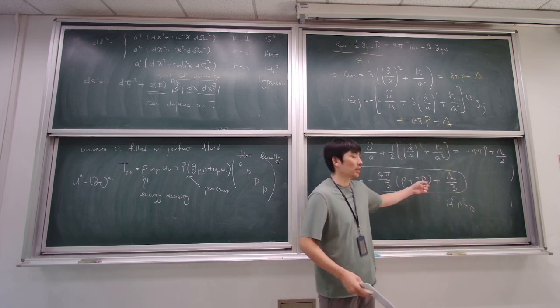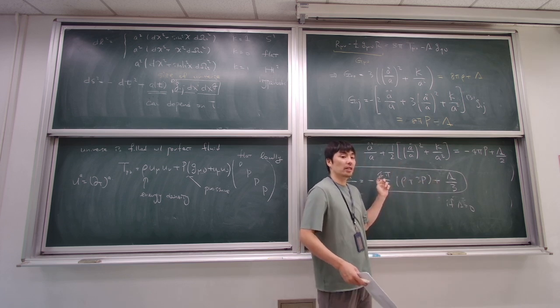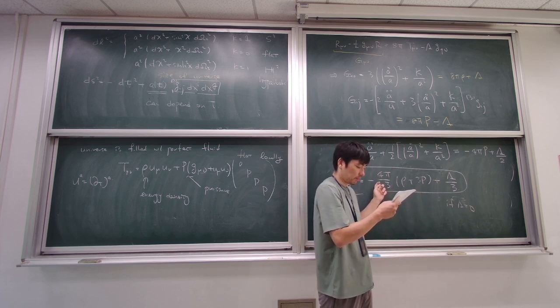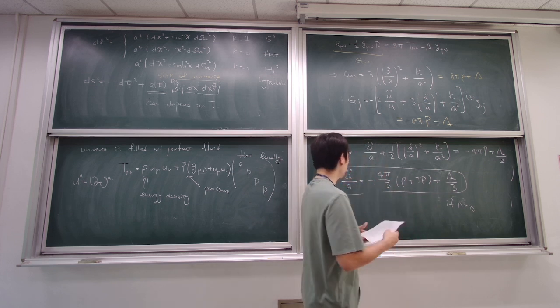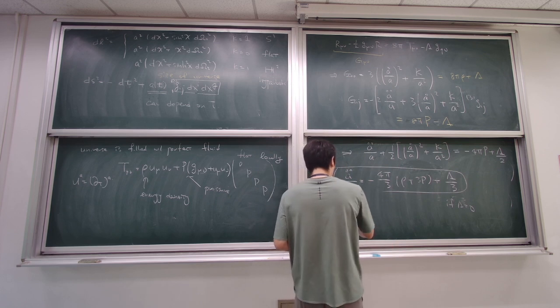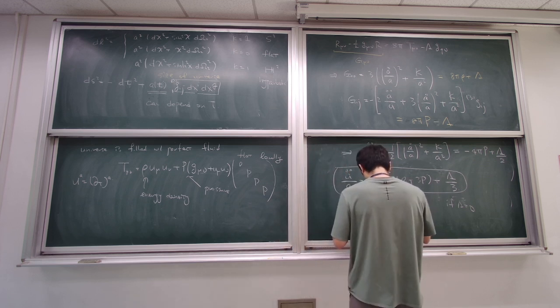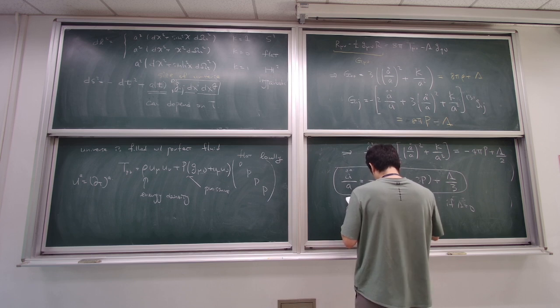Rho and p are positive quantities, so the right hand side is negative. Therefore a dot has to be negative, which means decelerating, and that was deceleration.